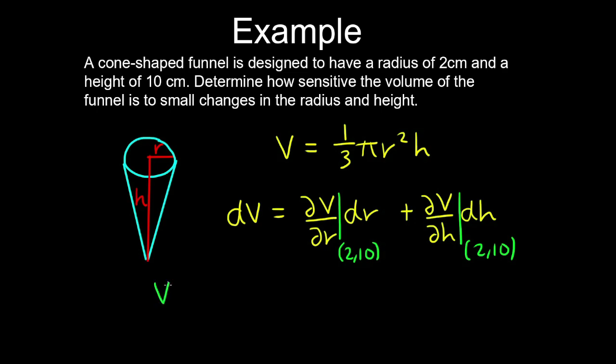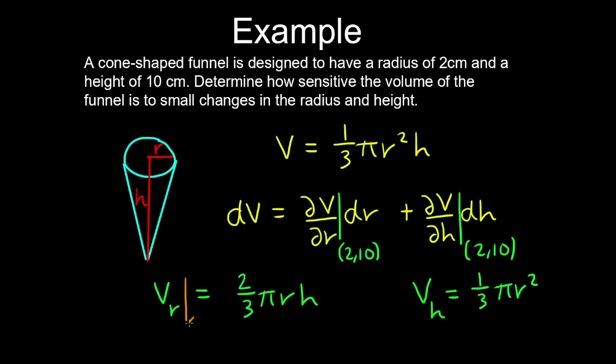So the partial of the volume with respect to the radius is 2/3 by pi r h, and the partial derivative of the volume with respect to the height of the cone is 1/3 by pi r squared. So evaluating this partial derivative at the given radius and height of the cone, we get 40 pi on 3.